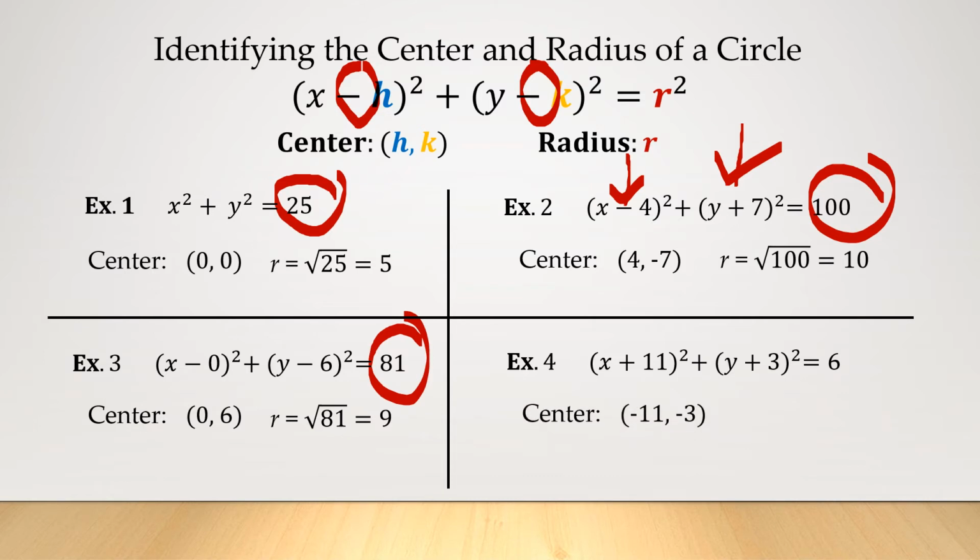So in this case, the center of the circle is negative 11, negative 3. And now notice that 6 is not a perfect square. It's an irrational number. So we always take the square root of that number to find the radius. So the radius of this circle is just the square root of 6.